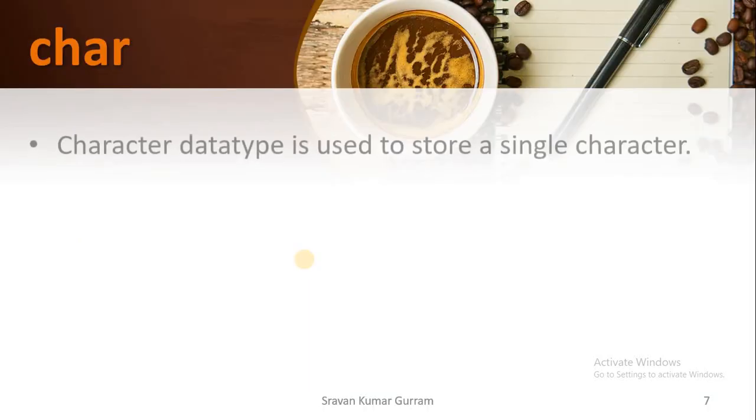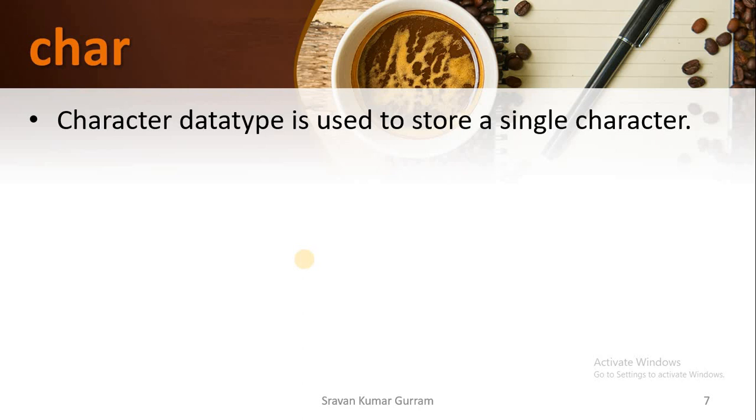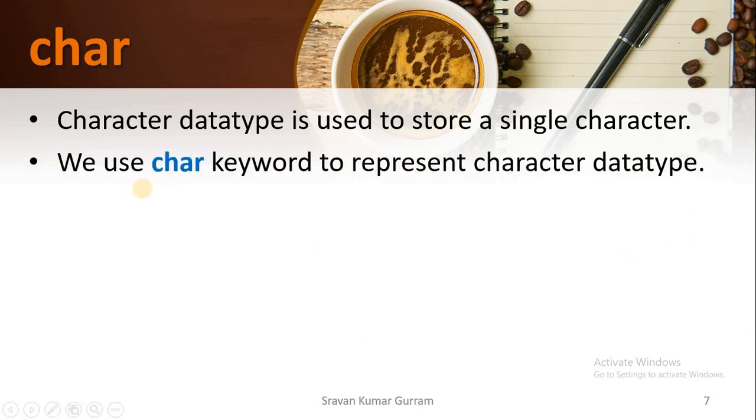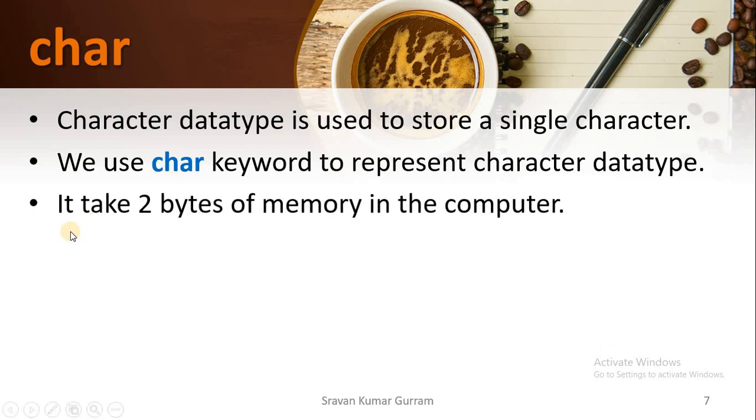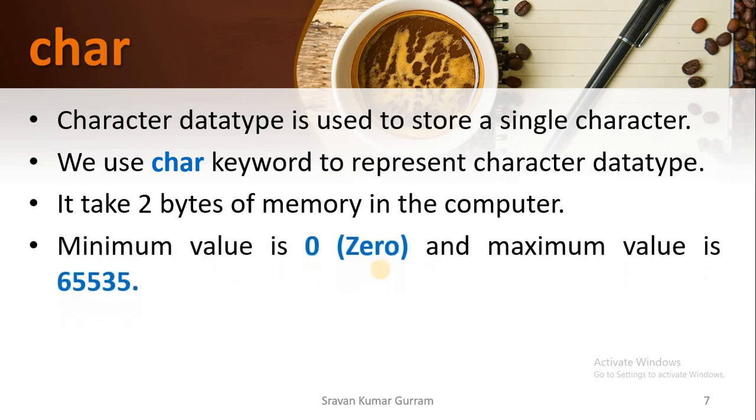Next, character data type. Character data type is used to store a single character. We use the keyword char to represent character data type. We should not write the complete word character. Character data type takes 2 bytes of memory in the computer. The range of the character data type is minimum value 0 and maximum value 65,535.